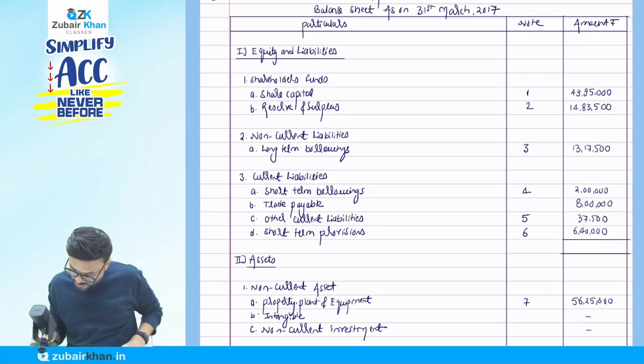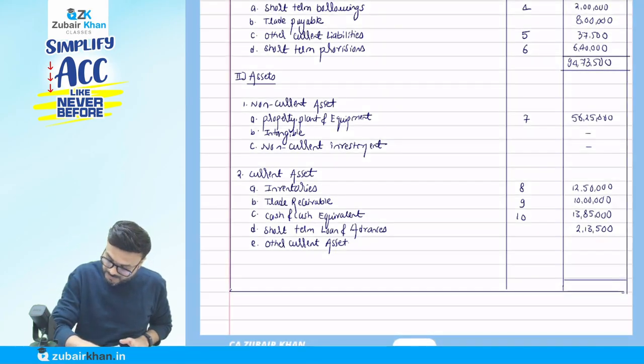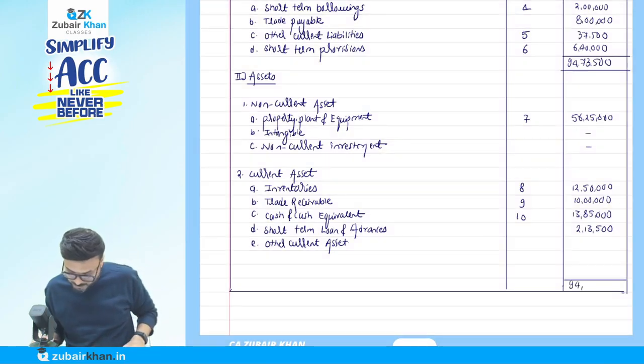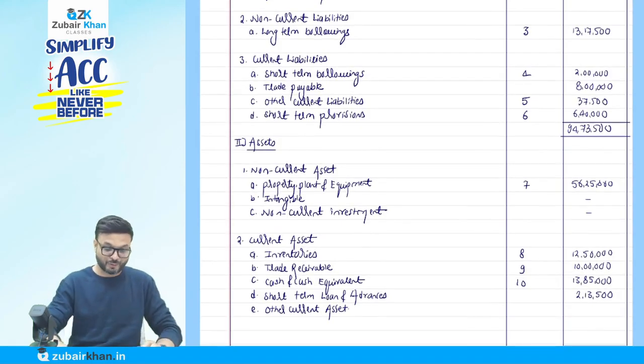That is coming here 94 lakh 73,500. Now asset side: 56 lakh 25,000, 12 lakh 50,000, 10 lakh, 13 lakh 85,000, 2 lakh 13,500, 94 lakh 73,500. Done. Okay. Now 14 marks.